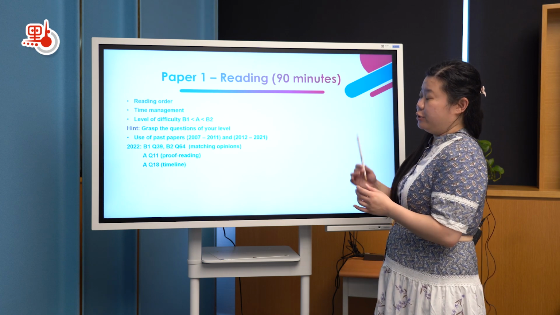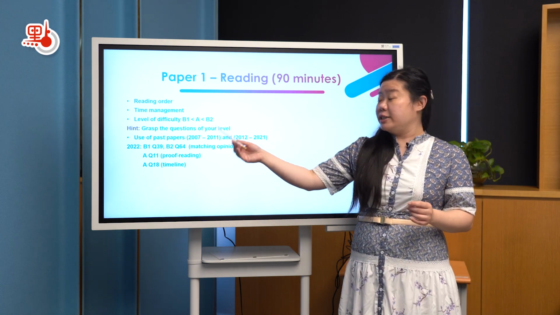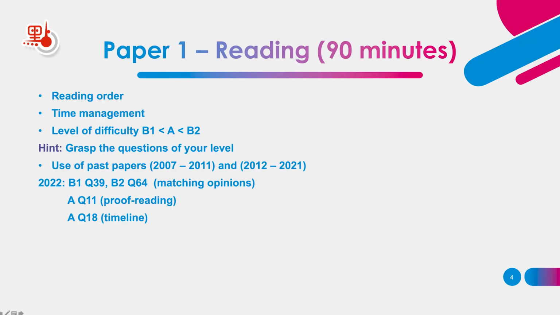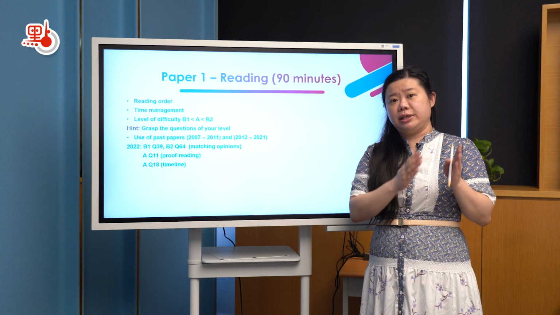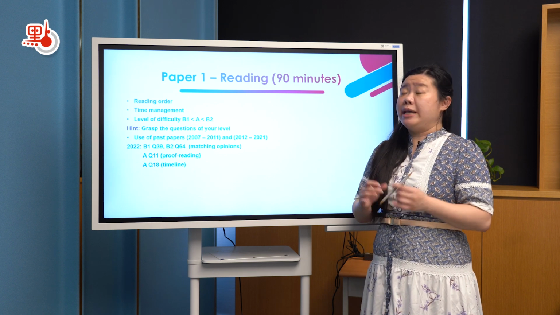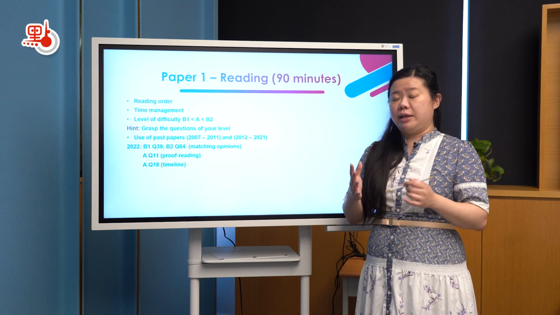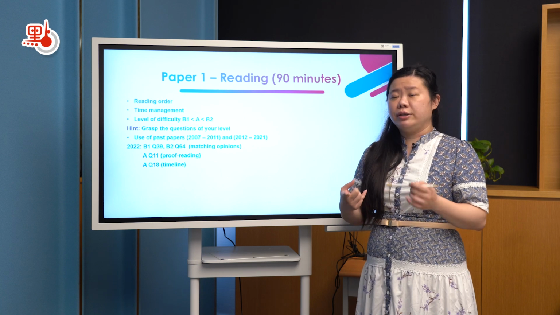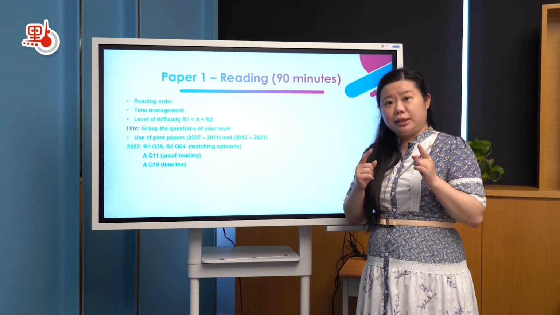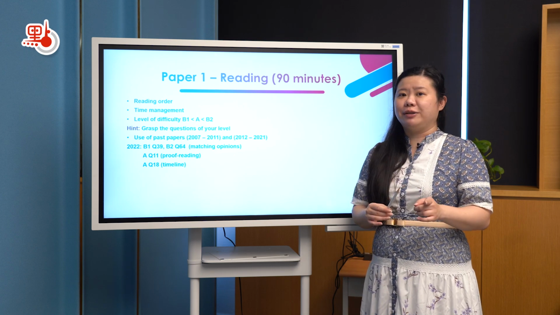Another thing you have to pay attention to, as you can see, I've written hint here because let's say you aim at getting level 4. If you want to get level 4, you have to make sure you answer all the questions in levels 1, 2, 3, 4 correctly. Easier questions will usually be true, false, not given questions. Believe it or not, summary cloze is not that difficult.